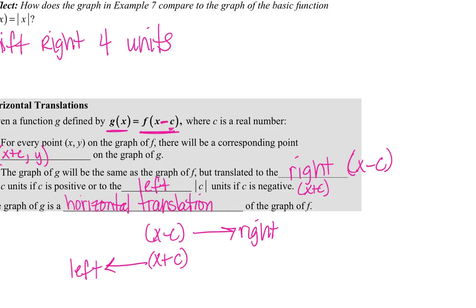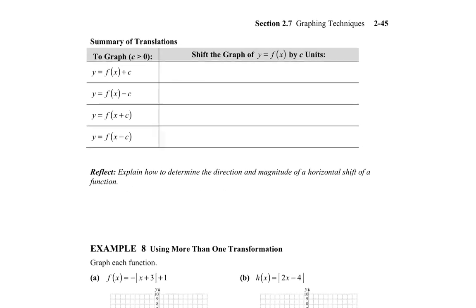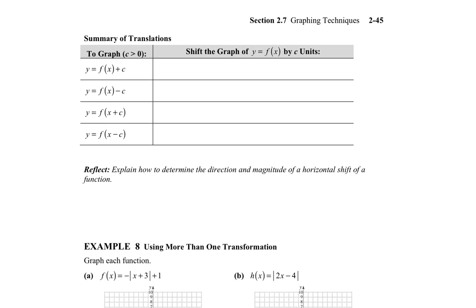All right, so let's sum up our translations so far. If you add a number at the end of your function, that is a shift up c units. If you subtract a c from the function, that is a shift down c units.